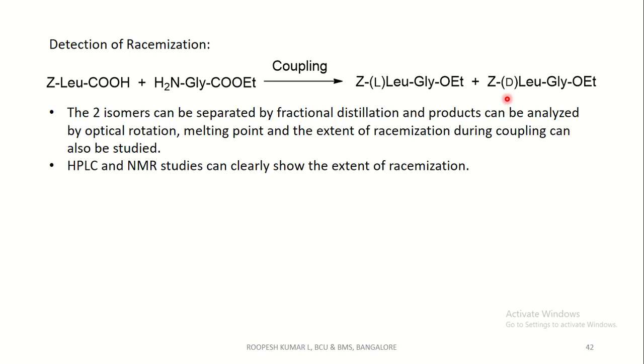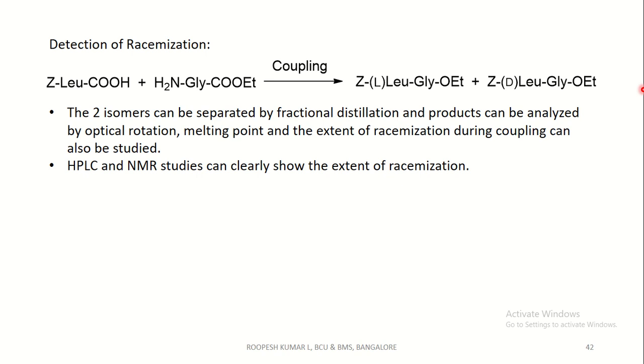So these two isomers can be detected and separated, and products can be analyzed by optical rotation and melting point, and the extent of racemization during coupling can also be studied. One of the best methods is HPLC and NMR.